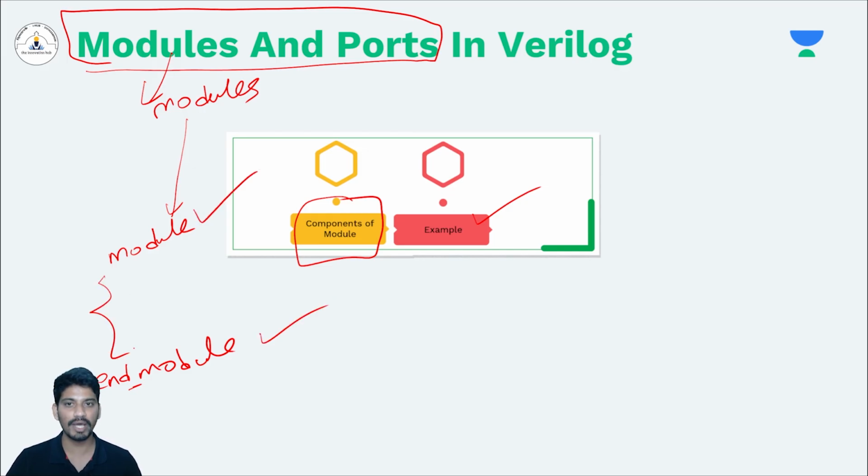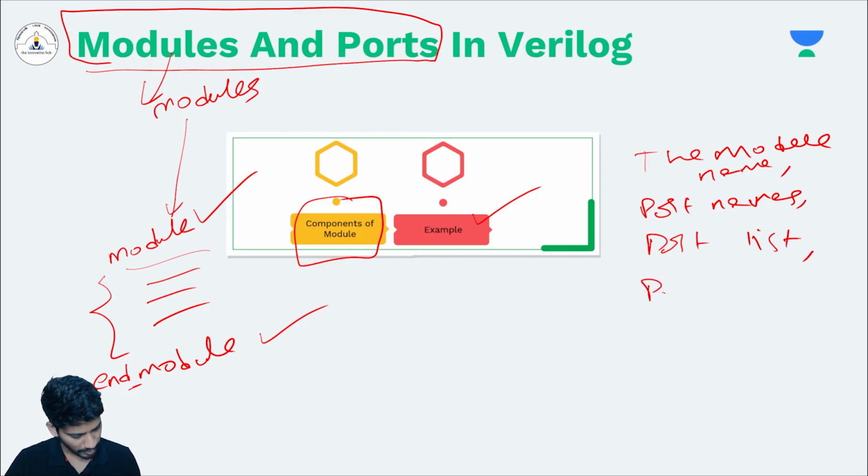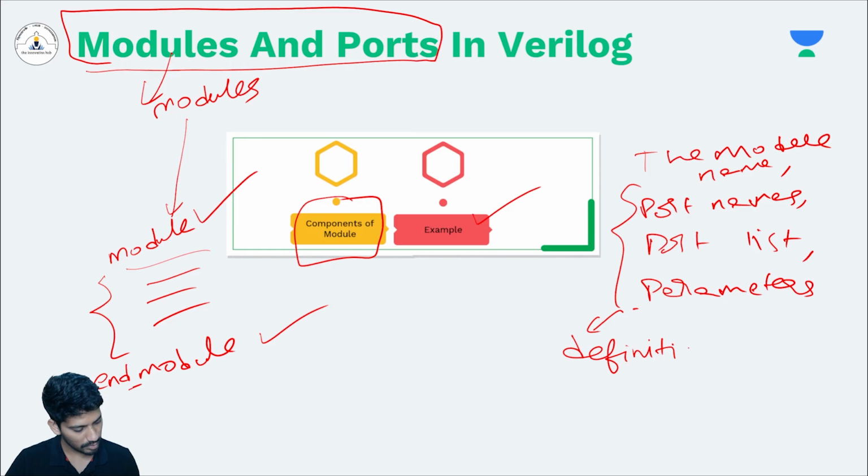In between these two lines, you need to write your lines of code. So the module name, port list, and parameters should come in the definition of the module.